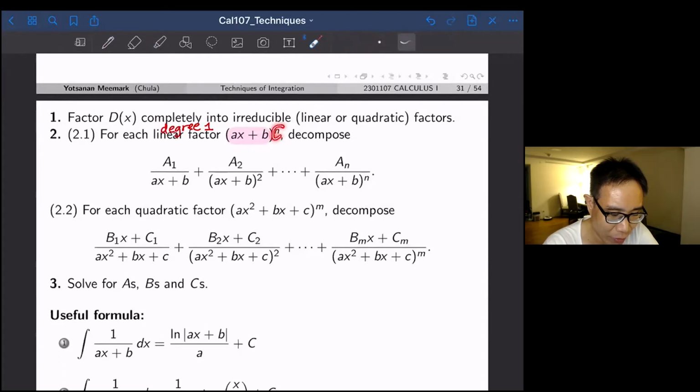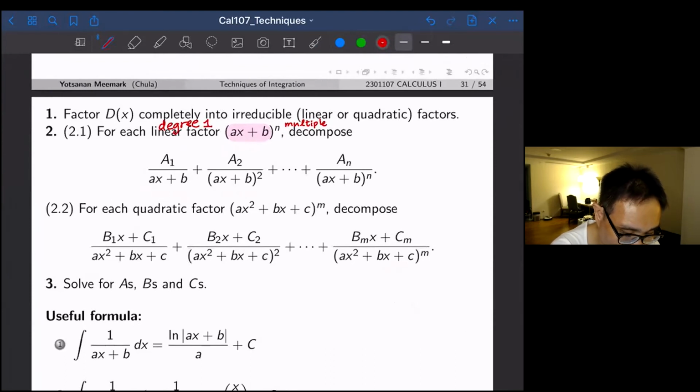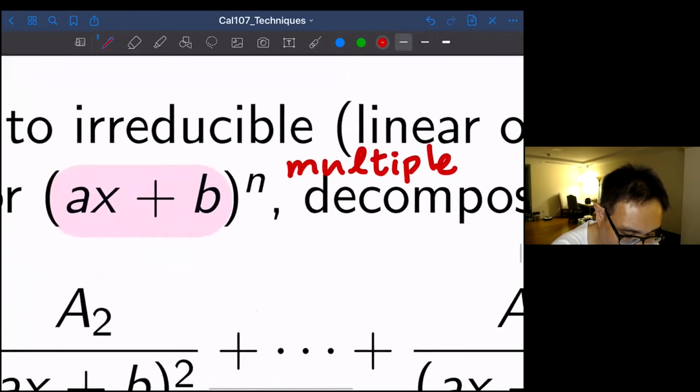The n is going to be the multiple. So I'm going to just have the factor, and this will be your multiple, and this multiple is your n.